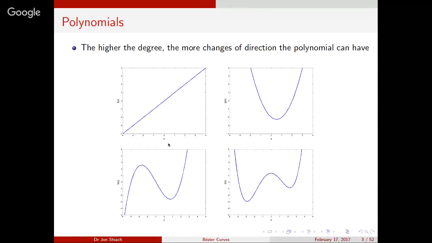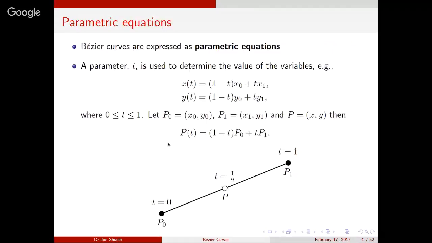A cubic can have 2 changes, quartic 3. So the changes in direction in those curves is 1 less than the degree of the polynomial, which becomes relevant when we start dealing with what are called B-splines later on.